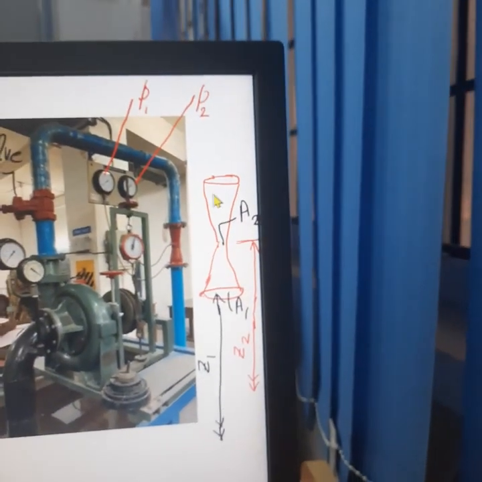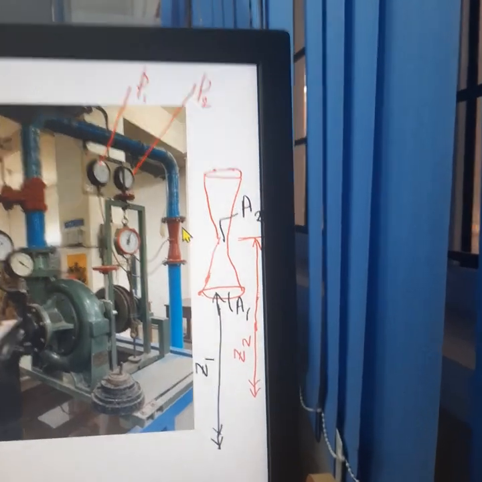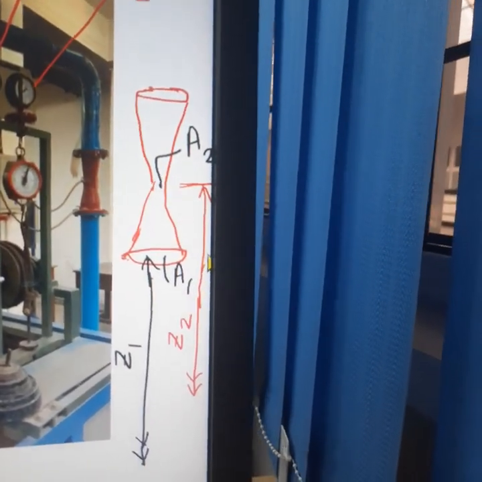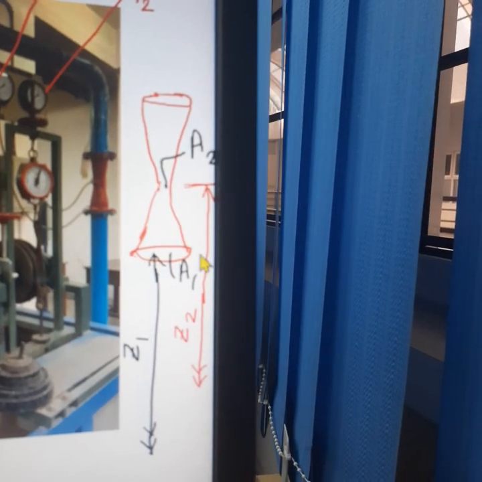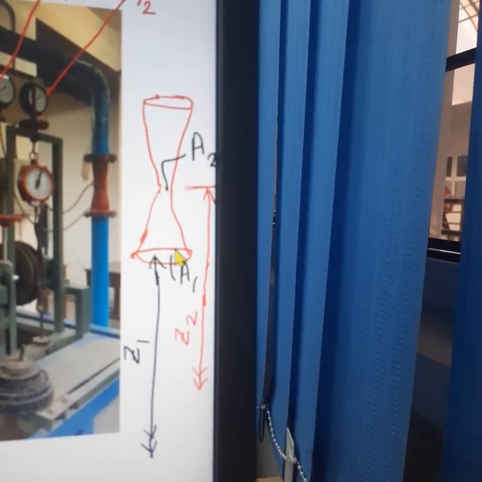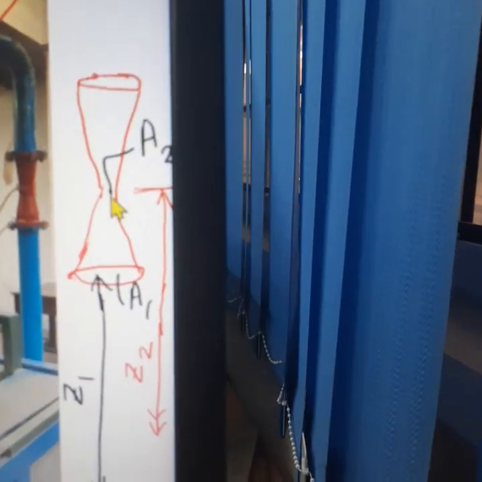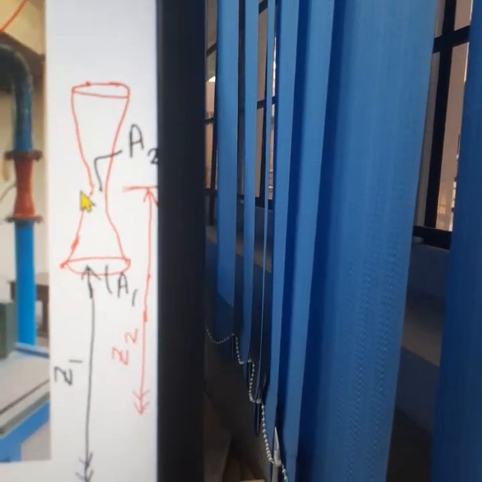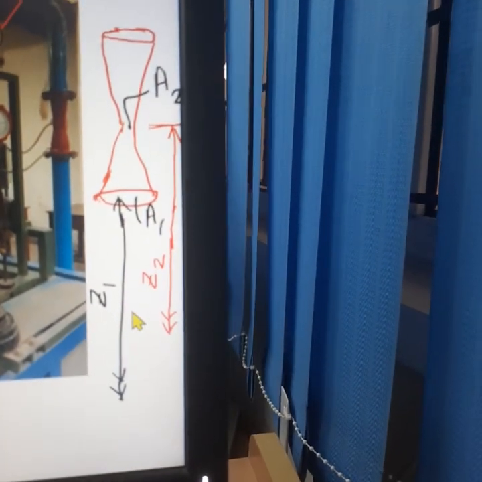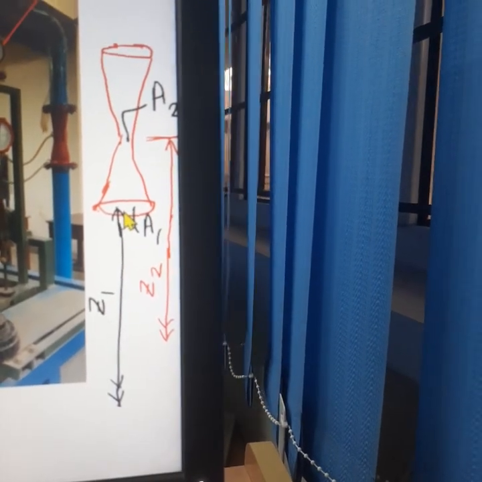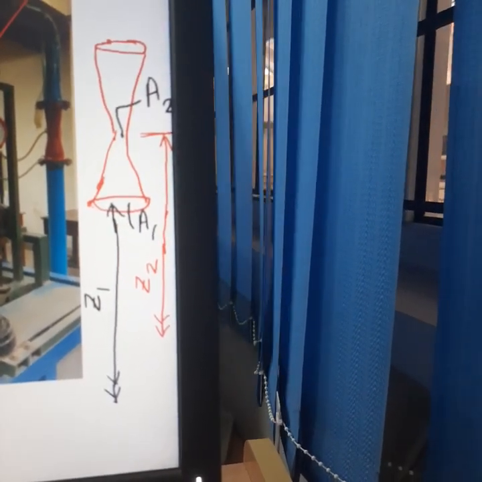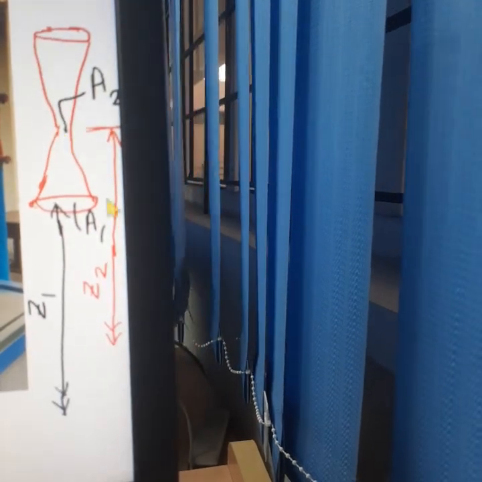This is the venturimeter shown in this figure. A1 is the area of the venturimeter at the entry, and A2 is the area of the throat of the venturimeter, and Z1 and Z2 are the elevations of the entry to the venturimeter and the throat of the venturimeter.